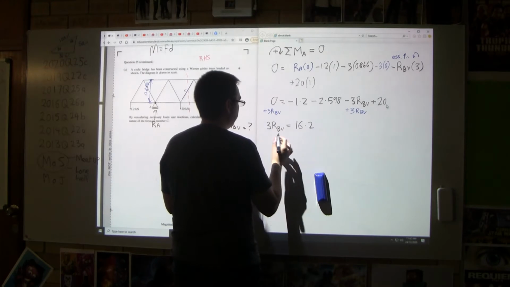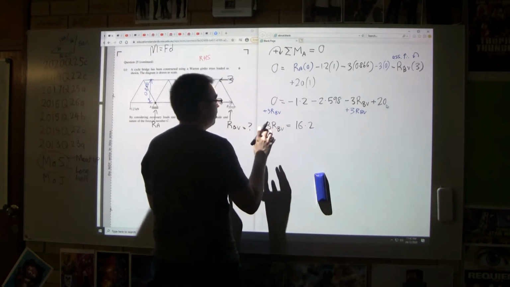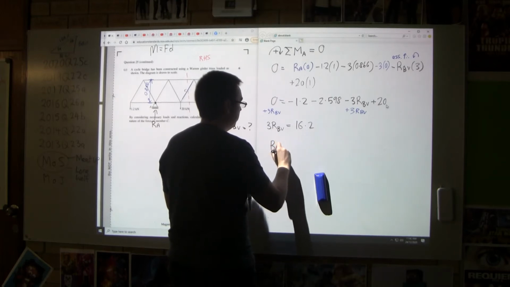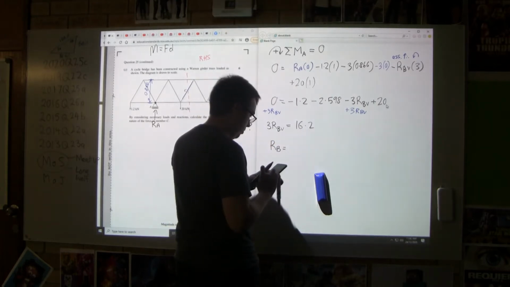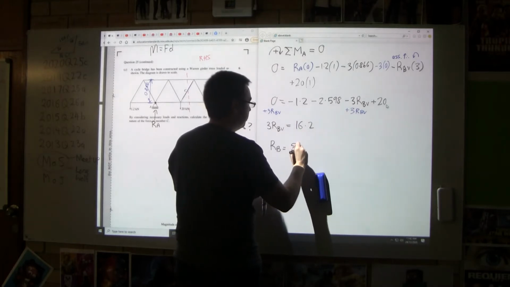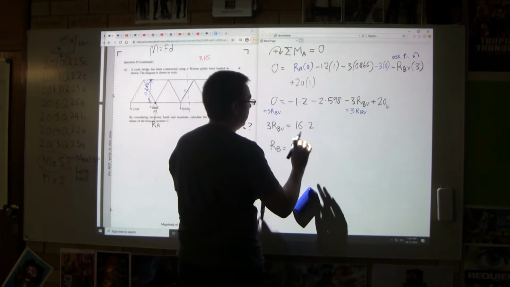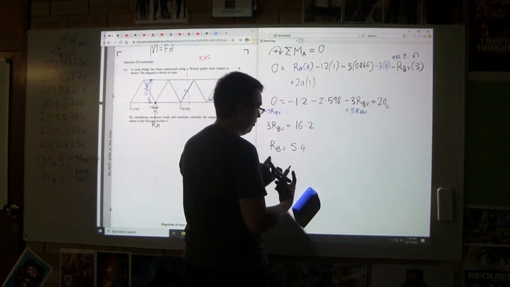Now, if I know that I can buy 3 red balloons for 16 bucks, that means each red balloon is going to equal about 5 bucks. And that sounds about right. Now, here's the thing, our answer came up as positive.